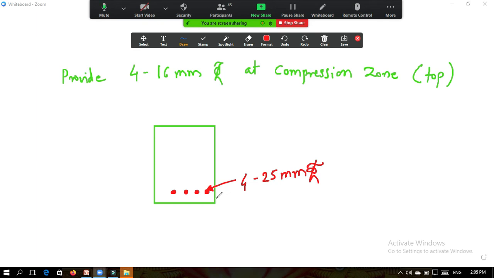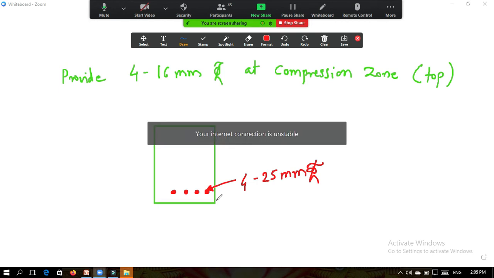Are you getting my point? In the slab, we got steel as a 10 mm diameter bar at 100 mm center to center. We can't show 100 mm center to center spacing in the diagram. Likewise, here 4 bars.